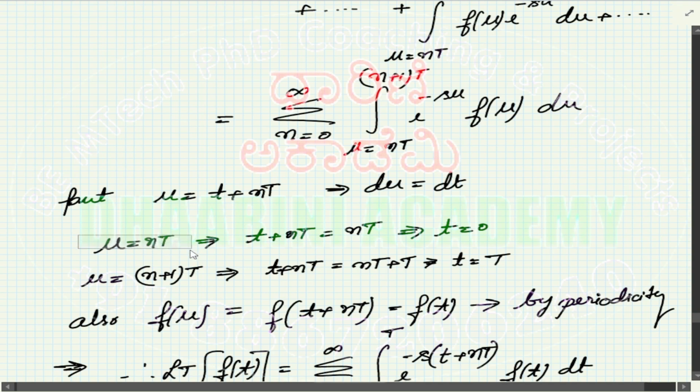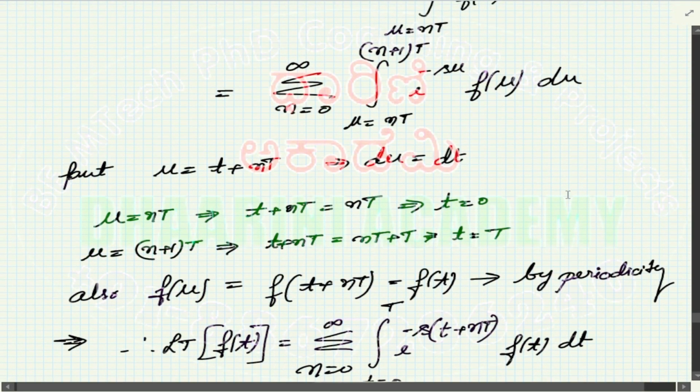So u is equal to nT is the lower limit. Using u, what happens with the t? T is 0. Then I have the second term which is the upper limit n plus 1 T. When you substitute that, the upper limit in terms of t becomes equal to capital T.